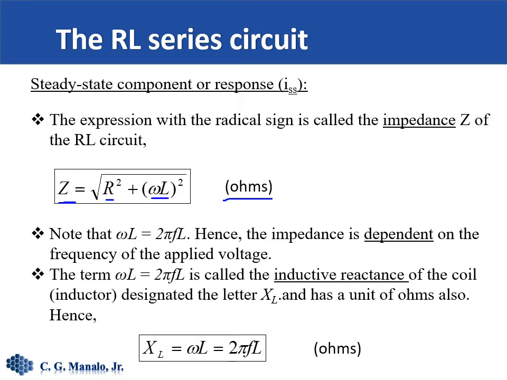Omega L, which equals 2 pi f L, is dependent on the frequency and is also called the inductive reactance of the coil in the RL circuit. So 2 pi f L or omega L is X sub L, also called the inductive reactance, which also has the unit of ohms.